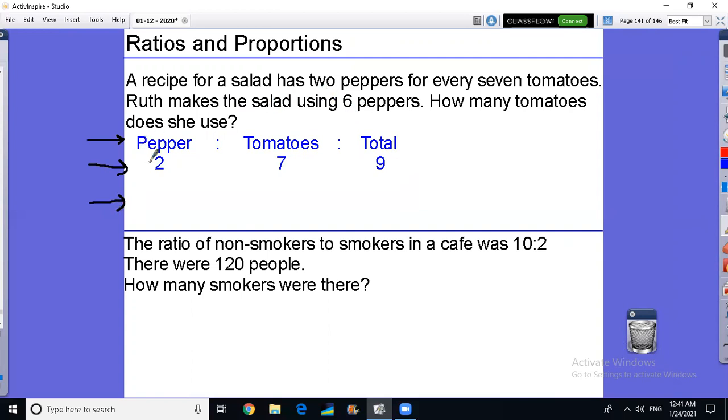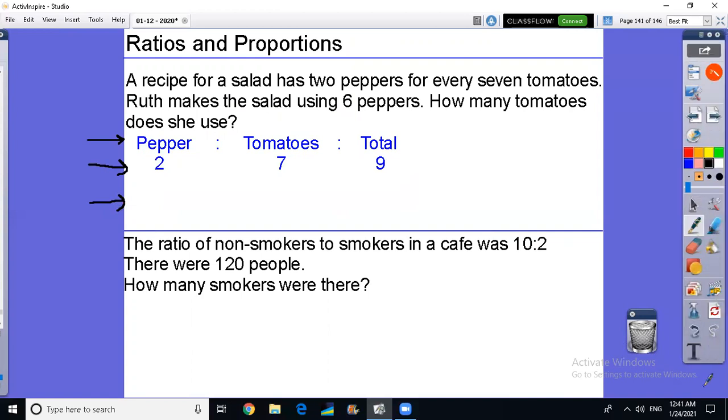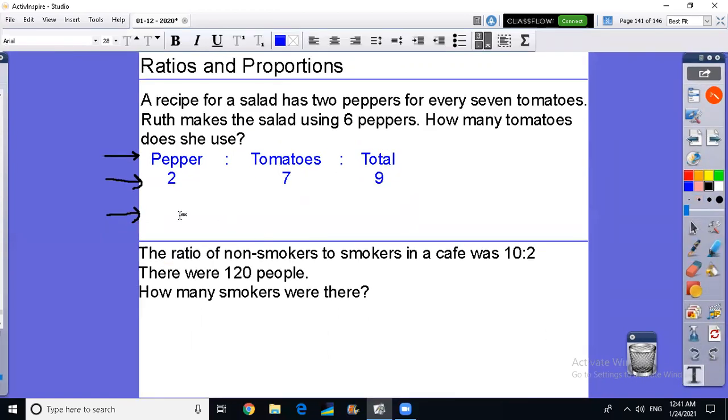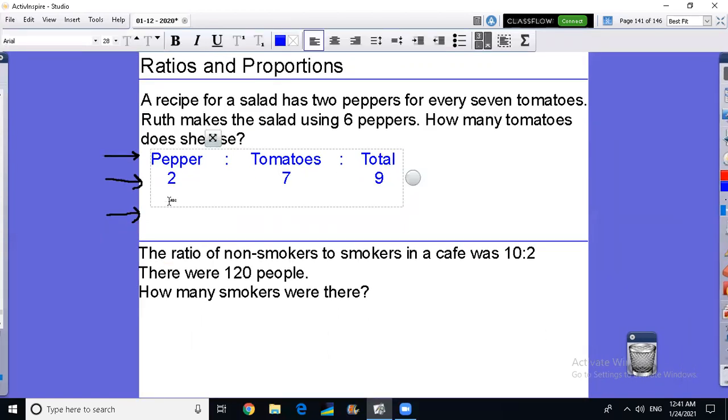So it's not 2 peppers, it's going to be 6 peppers. That is the change that is happening. In the third line, you're always going to find only one number written, out of the 3. So he wrote here 6 peppers.